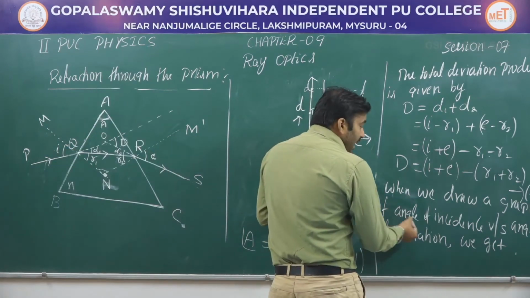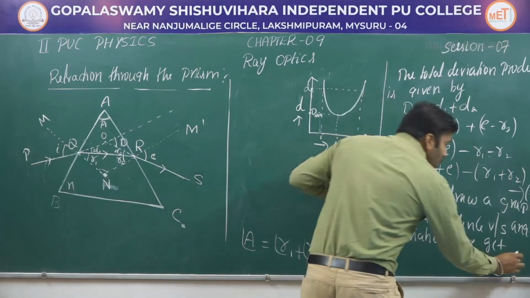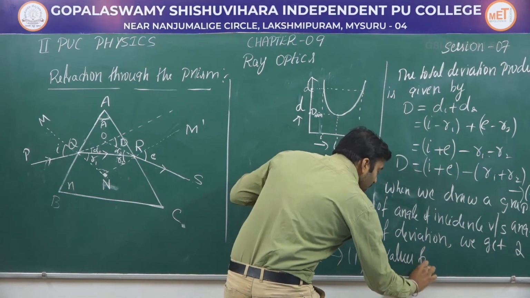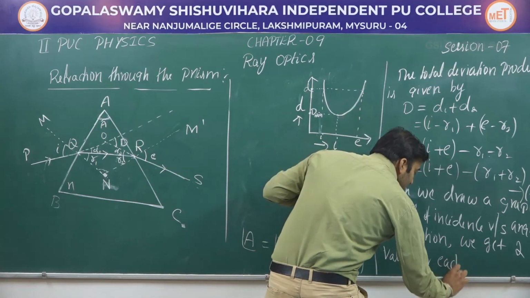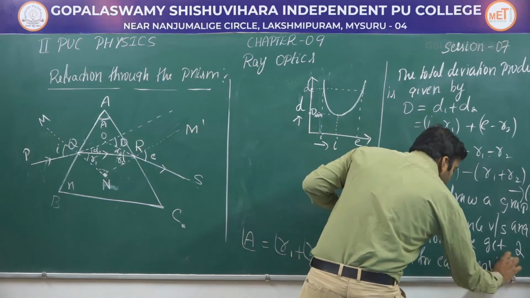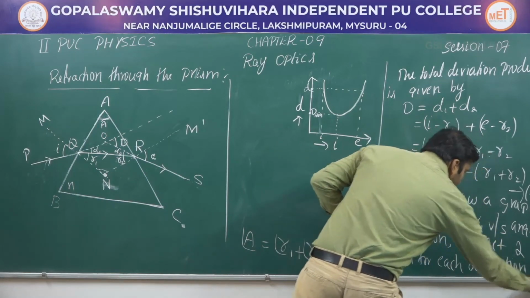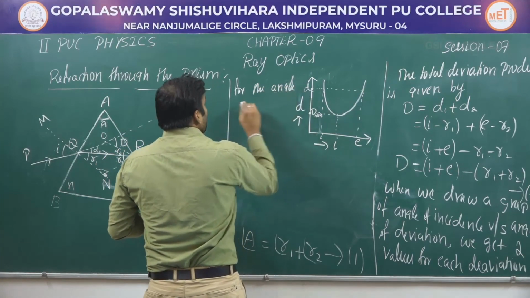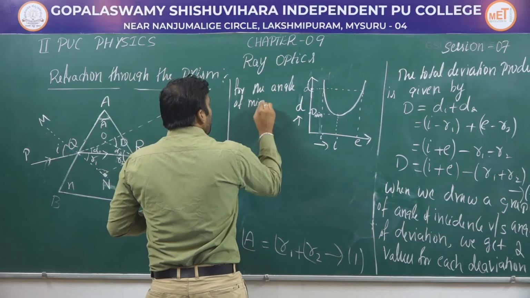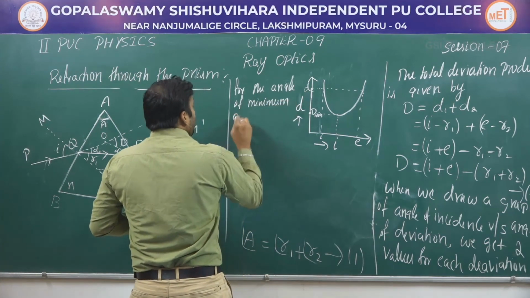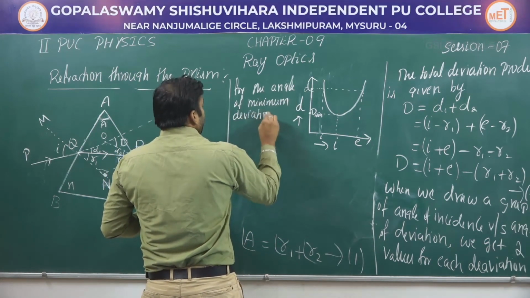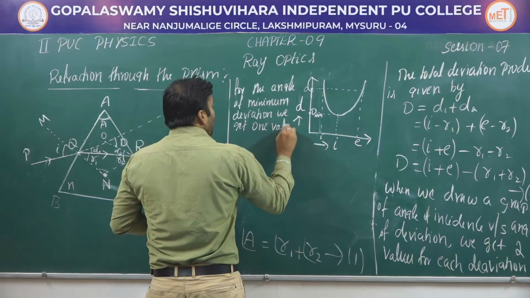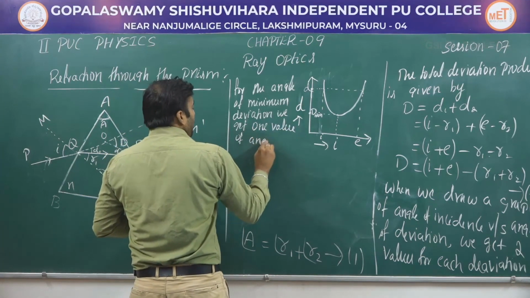When we draw a graph of angle of incidence versus angle of deviation, we get two values for each deviation, but for the angle of minimum deviation, we get one value of angle of incidence.